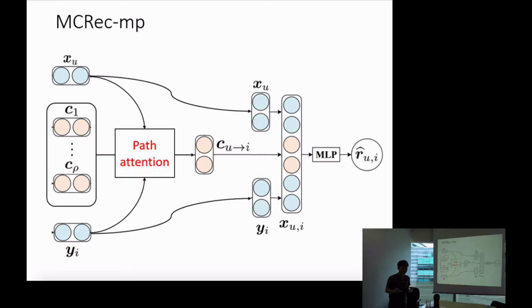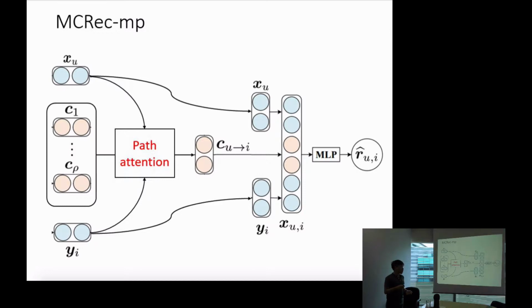Well, that is what they are going to show in the results for this particular problem. So attention here is better than averaging. The idea is that we want to involve the user and item here to redistribute the weights across the metapaths. Some metapaths are more important for this pair of user and item, and some are not.